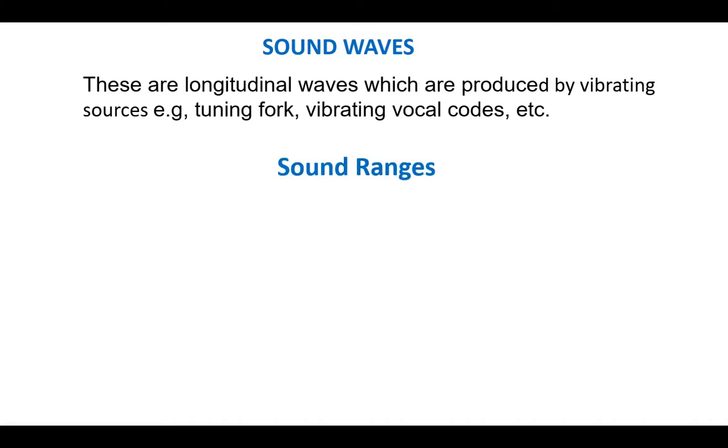Okay, so let us look at the sound ranges. We have sounds that are less than 20 hertz. By the way, sound is measured in hertz, and the symbol for hertz is simply Hz, a capital H and a small letter z.